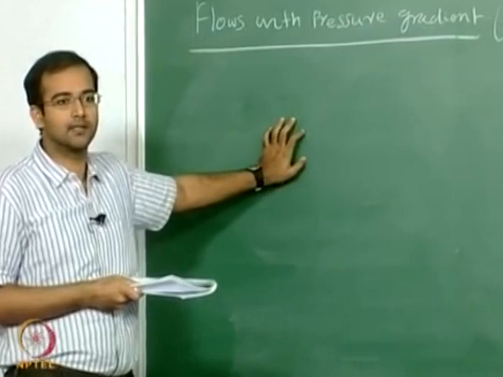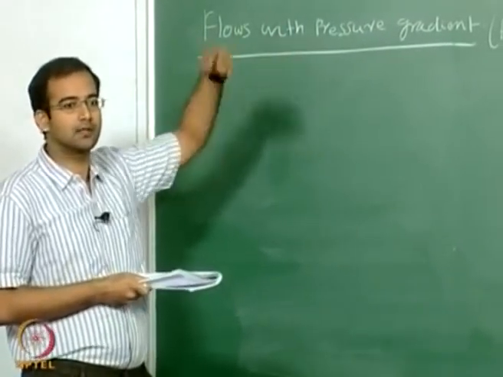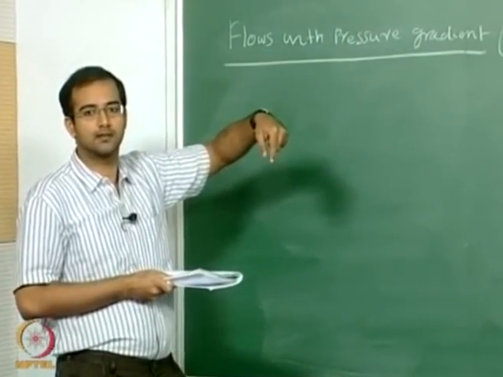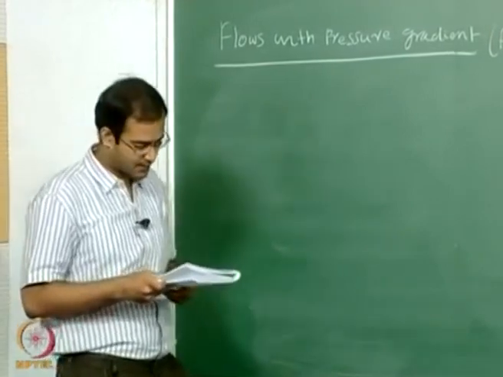Once you solve the flow, that f that comes out of the flow goes into the similarity solution for temperature, so that is going to be much simpler. So the flow is the major complication here.